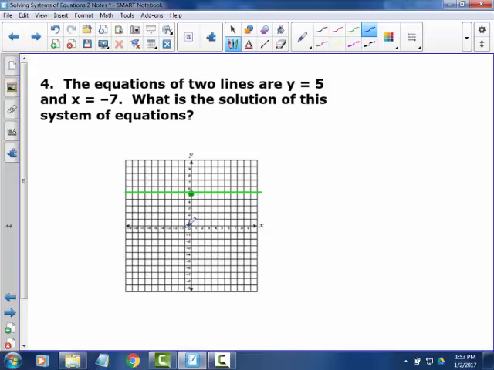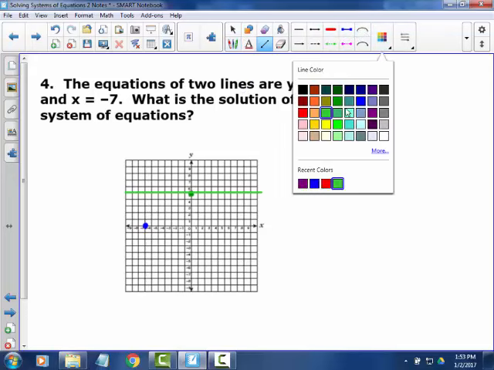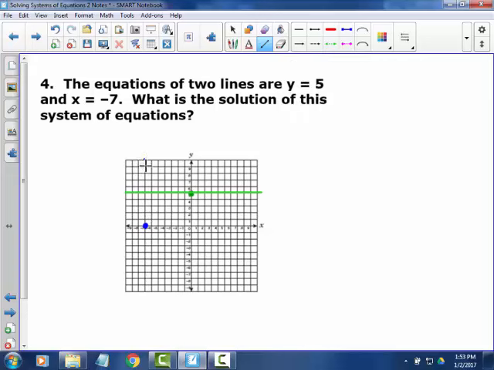So that goes on the x-axis at negative 7, and that's going to be a vertical line. Okay. And we see that our lines intersect here at this point, which is (-7, 5).